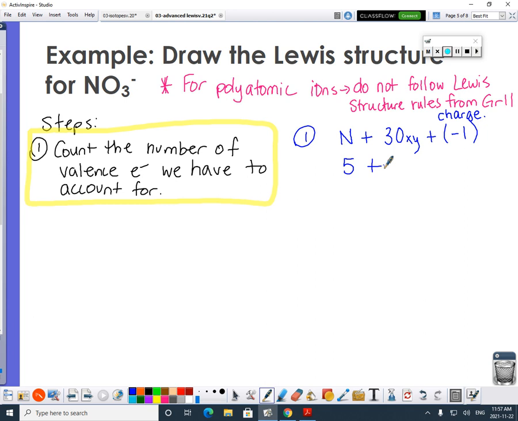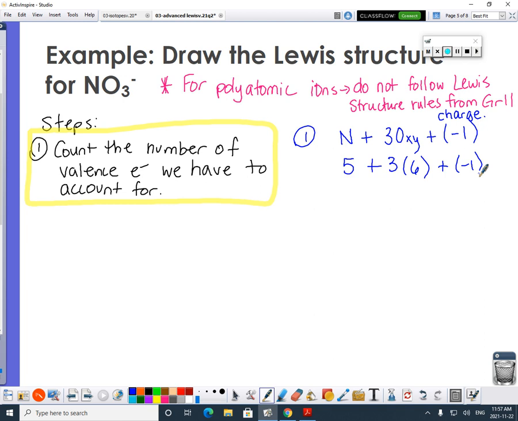But we have 3 of them, so we have to multiply. And then we have a charge of -1, so I'm going to add in that negativeness as well, okay? So 5 plus 18 plus -1.